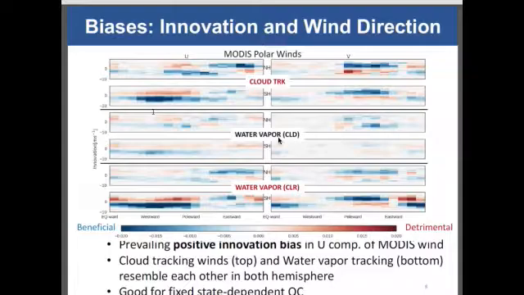Yeah, that's possible. But I was always taught when I was learning this stuff that if it's a model bias, we shouldn't be addressing it through DA. We should just be telling the model people about it.